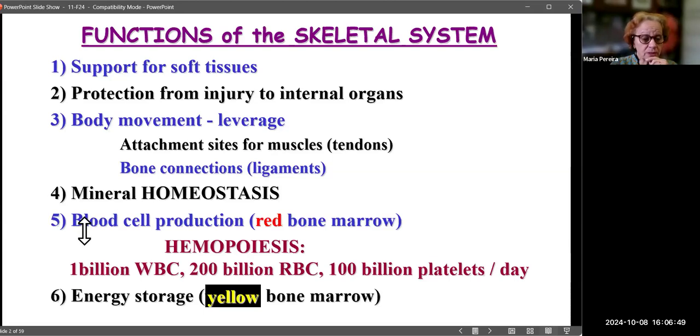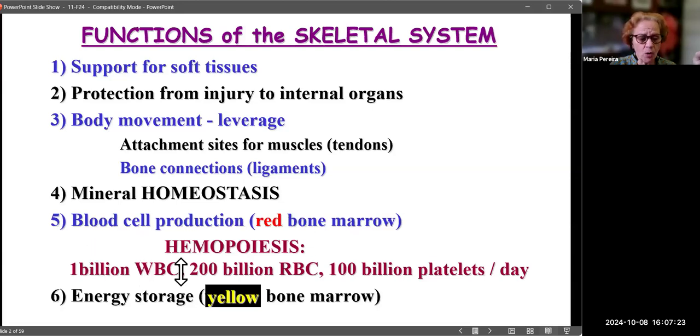It is within these storing locations in the spongy bone where hemopoiesis occurs. What is hemopoiesis? Hemopoiesis is the maturation of the different types of blood cells, white blood cells, red blood cells, and platelets, that occurs or starts in the bone marrow, in the red bone marrow.